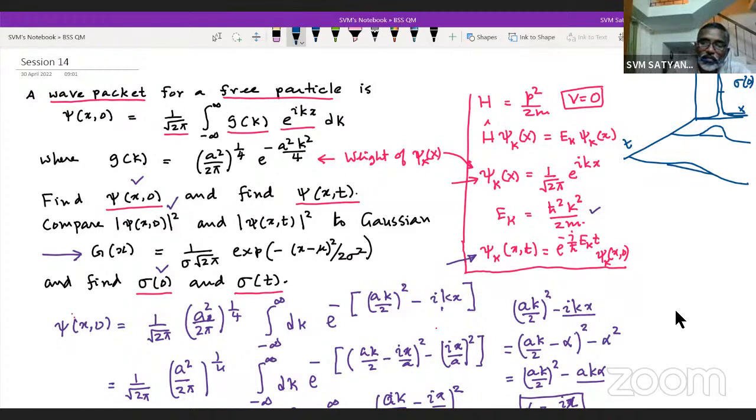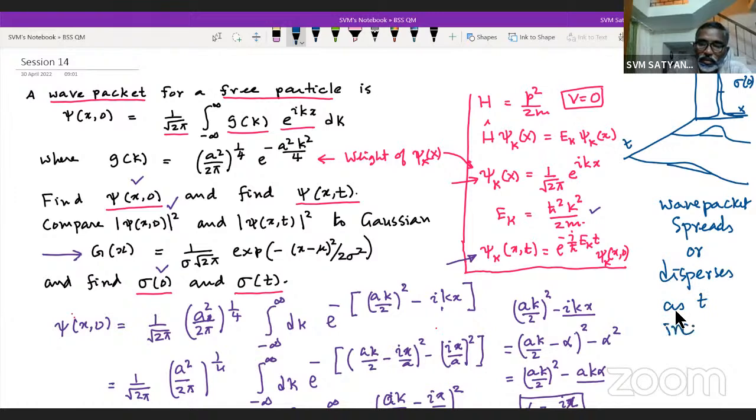That means the wave packet spreads or disperses as t increases.